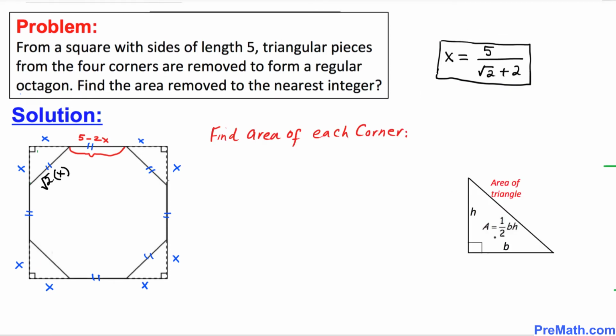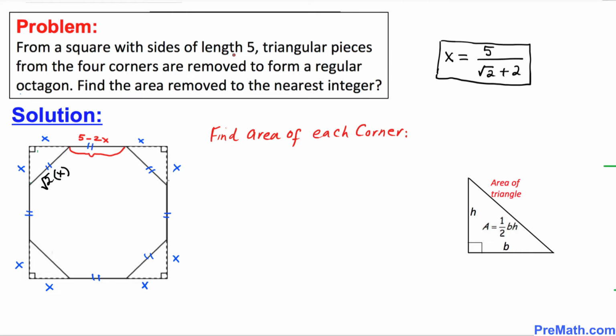And here is the area of a triangle formula. If you have a right triangle, the area is always equal to a half times base times height. In our case, our base is x and our height is x as well.